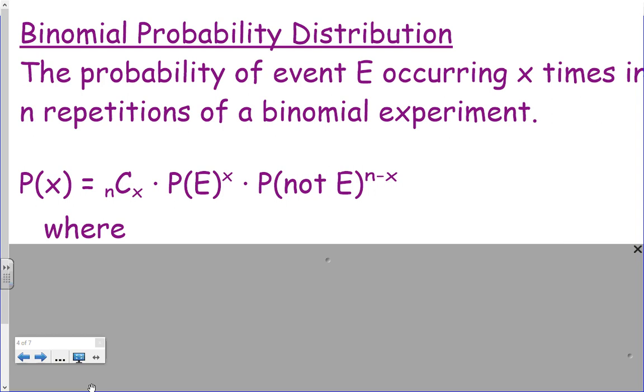Again, it's got to be binomial, so it either occurs or it does not occur. So the probability of not E raised to the N minus X, the probability of tails, was 0.6 raised to the 3rd power, and 3 was the 5 minus 2. Right there is our general equation for finding one of these binomial probability distributions.